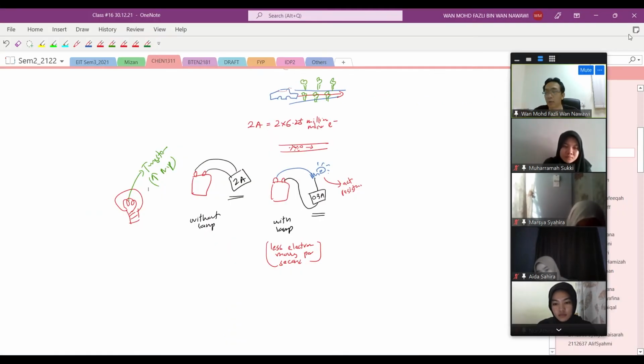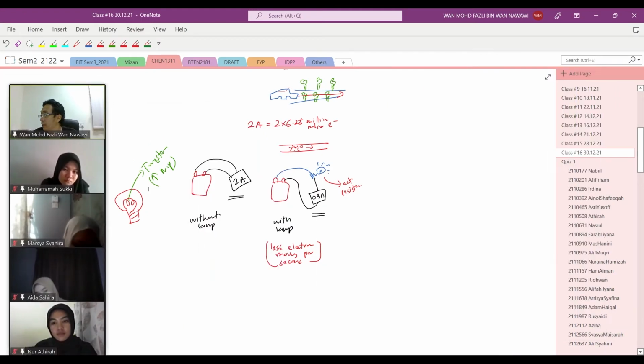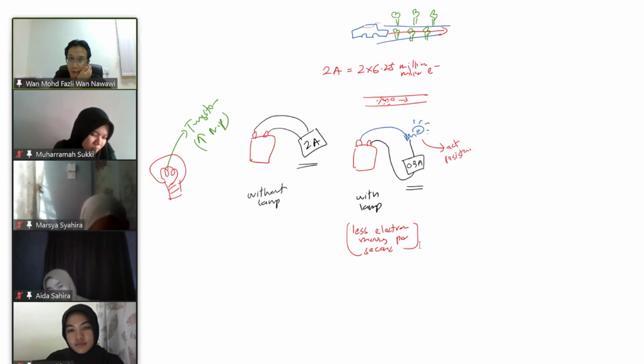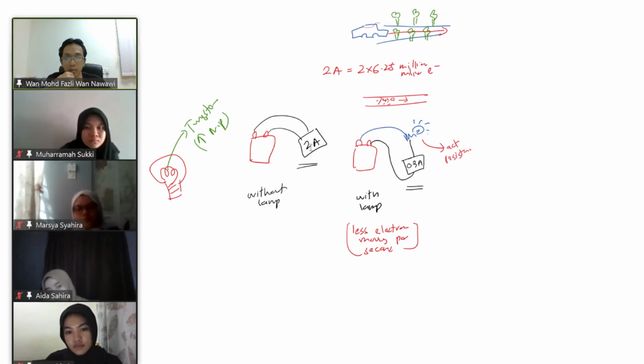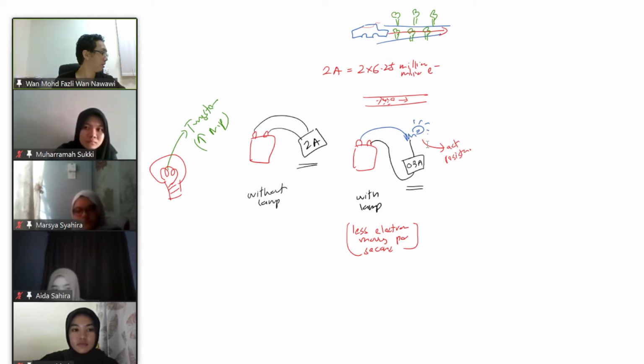Okay. So where are we? So we go here. Now there are fewer electrons, so you can see there is reduced current because fewer electrons are moving per second. Why? Because the lamp acts as a resistance.